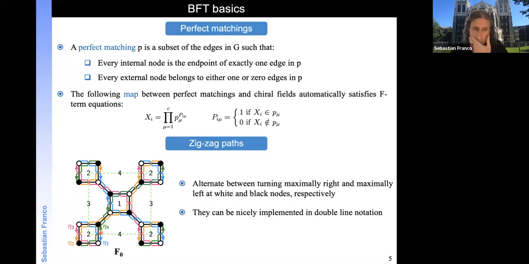For example, the picture might be a little bit difficult to see, but if you focus on eta 4, here we have 4 of these zigzags. It has 4 faces and 4 zigzags. This doesn't need to be the case, that the number is the same. But as you follow the green one, you turn right, you turn left, you turn right, you turn left, you turn right, and then you close. So it goes around the torus with some winding numbers in this case, and it closes. Okay, any questions so far?